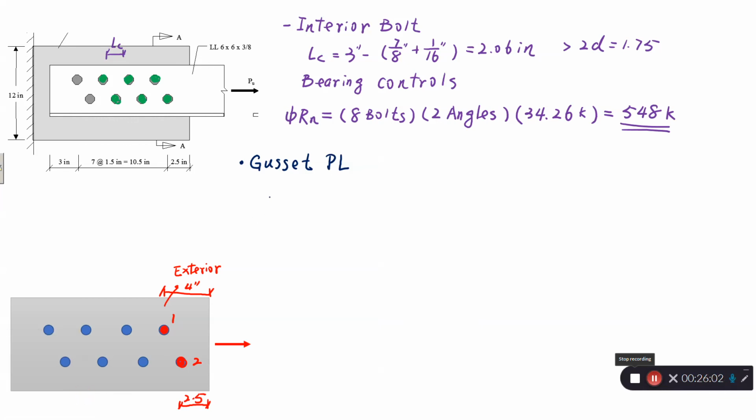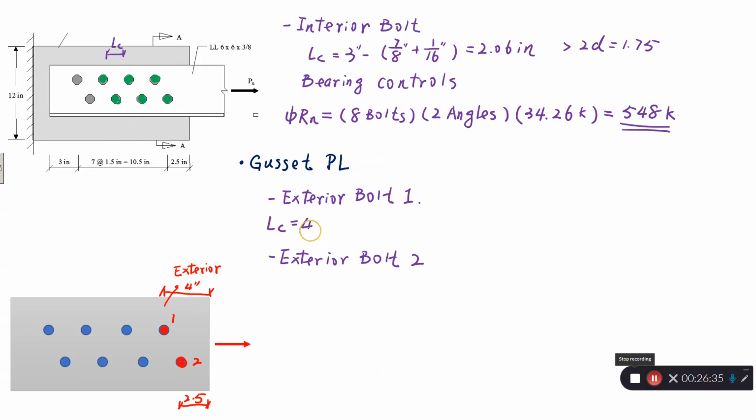Okay, and you're going to do the same, right? So you're going to determine your exterior bolt 1 and do the same for your exterior bolt number 2. I'm sure for bolt 1 bearing will be controlling because it's pretty far from the edge.